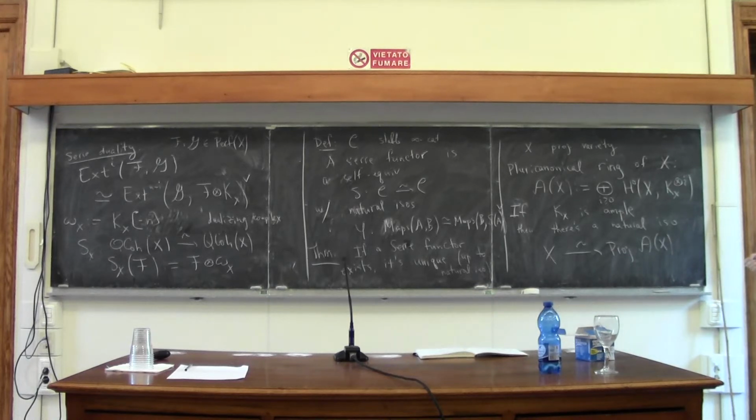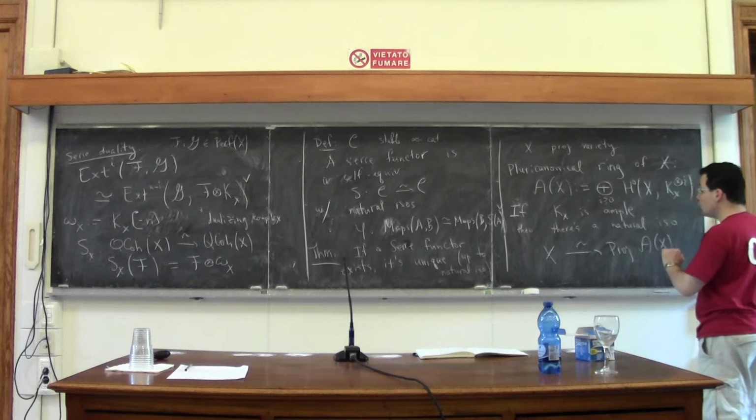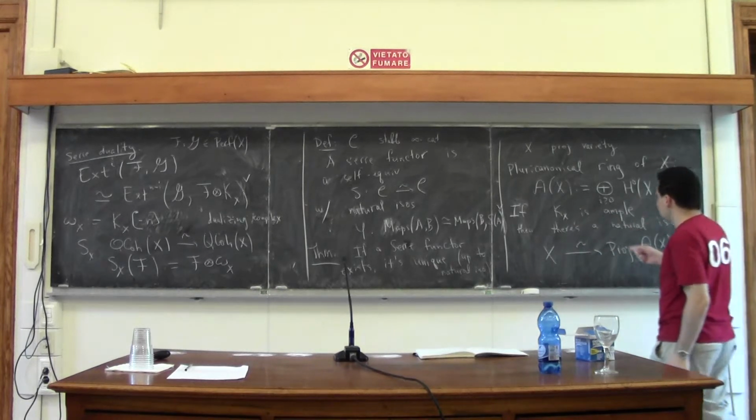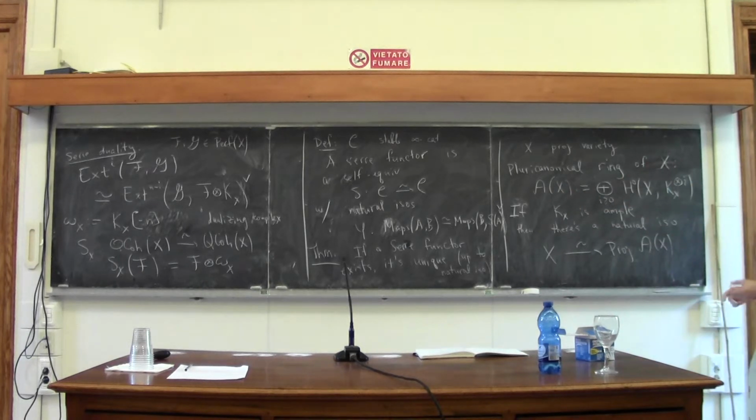You consider all possible points satisfying the relations in the ring. If you have a presentation, here you look at only homogeneous ones and up to scale. But anyway, it doesn't matter what it is. The point is that if this is ample, then X is determined by its pluricanonical ring.